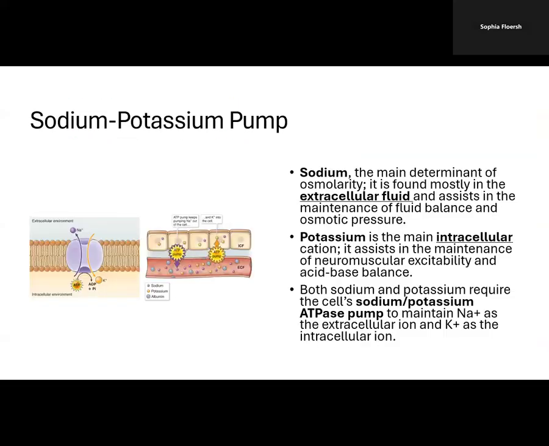Sodium is the main electrolyte located in the extracellular fluid, so it assists in the maintenance of fluid balance and osmotic pressure. Potassium is the main intracellular electrolyte, and it assists in the maintenance of neuromuscular excitability and acid-base balance.